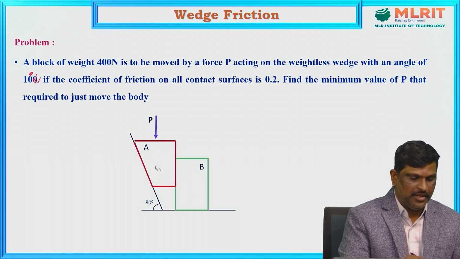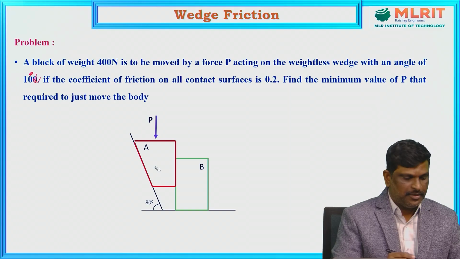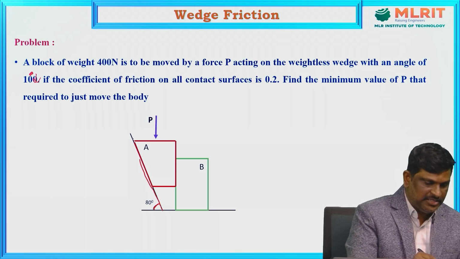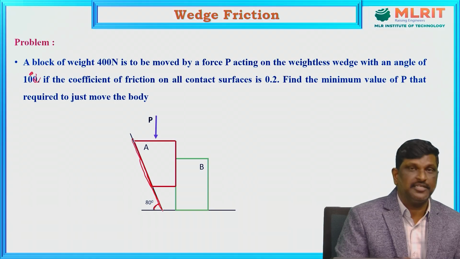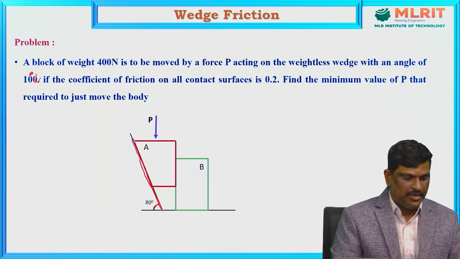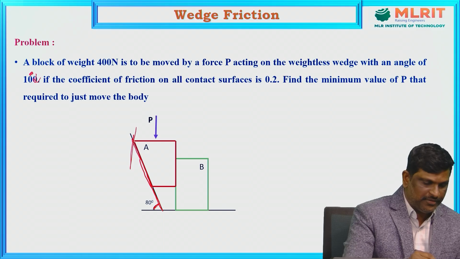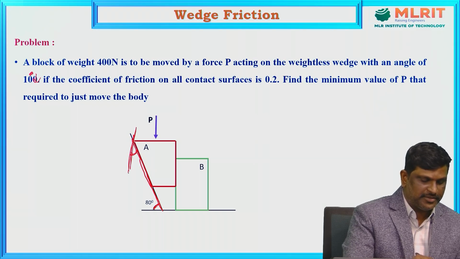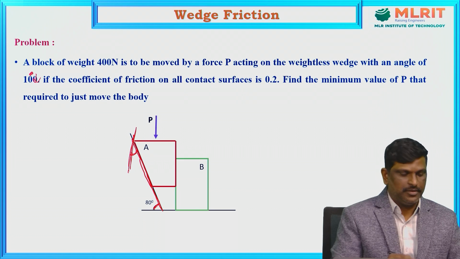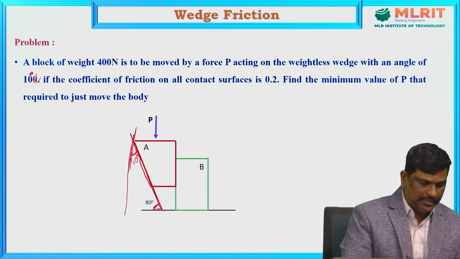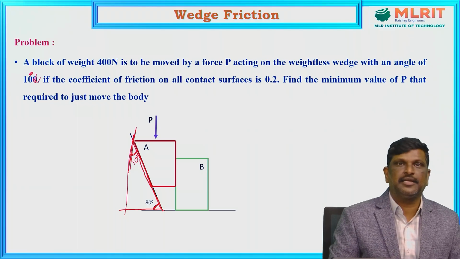Here the wedge angle is given. In the geometry, the wedge edge is making 80 degrees to the horizontal. It is not the wedge angle. The wedge angle is the angle made by the wedge surface with the vertical. This is 10 degrees. If you extend the lines, you will get a right angle triangle.